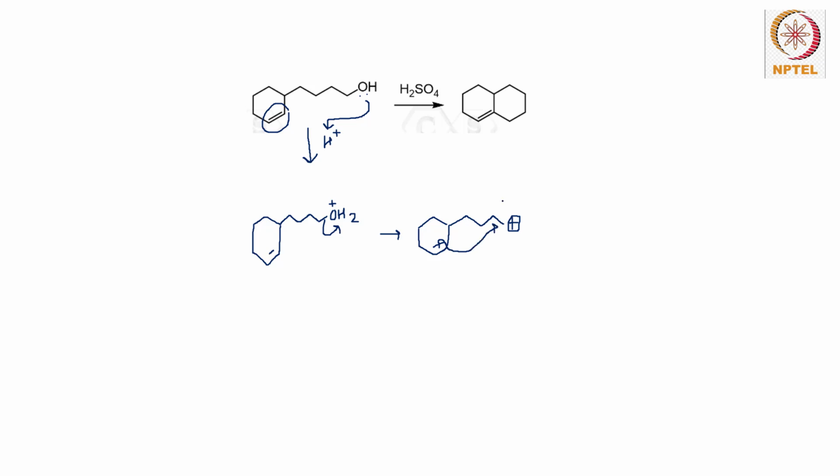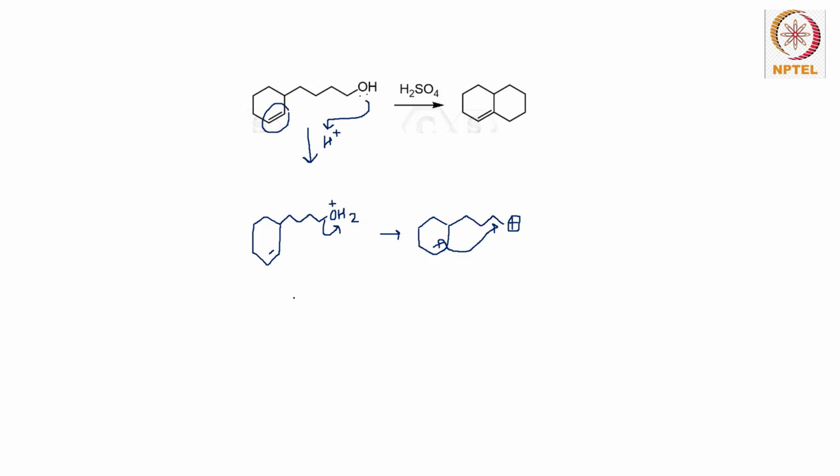Sometimes, if the product was not drawn, you have confusion about what will form. It will form a 6-member ring, or whether there will be hydrogen shifting or not. There will be chances of hydrogen shifting, but as the product is already given, we will just draw the mechanism according to our product.